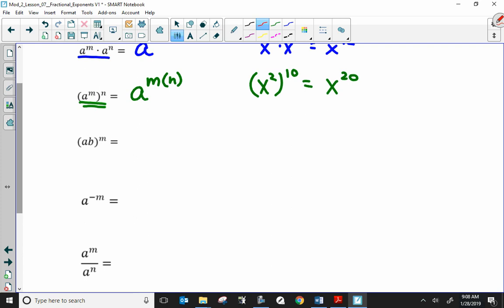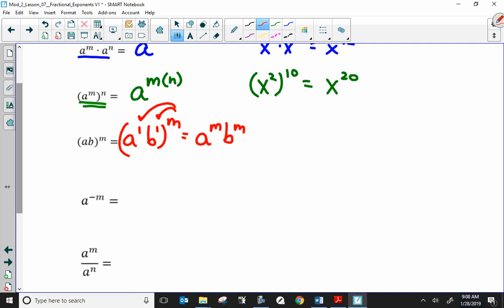Well, this is like a to the first, b to the first in parentheses, times m, isn't it? Don't I multiply exponents when they're raised to exponents? So I'm really going to multiply my m times both of those. That really ends up being a to the m, b to the m. Okay, that exponent applies to both of them.